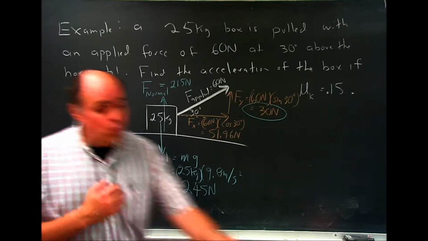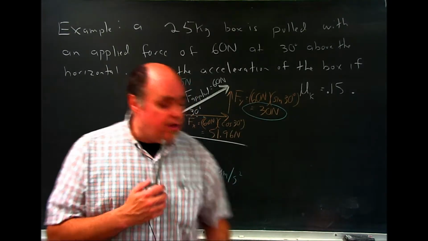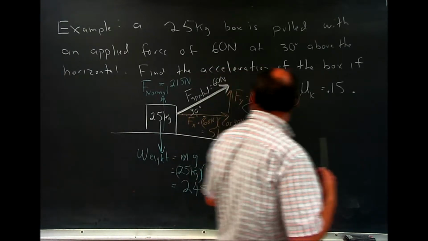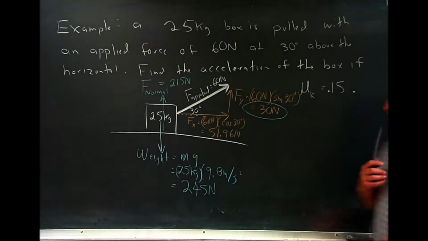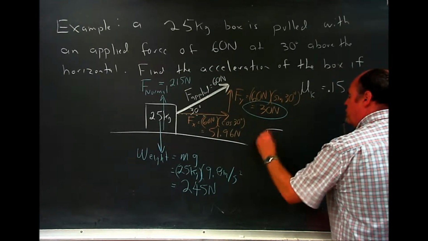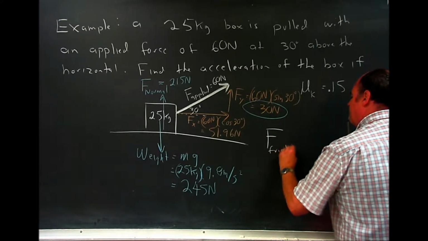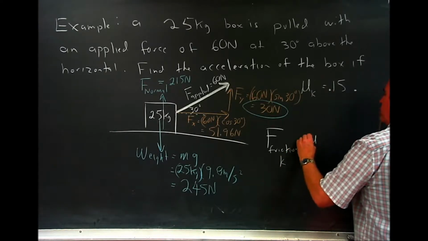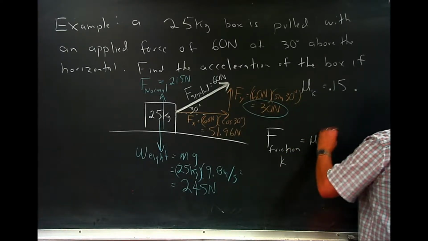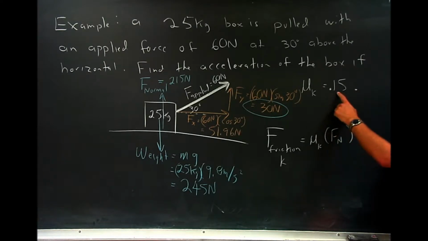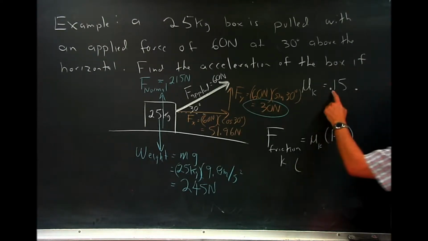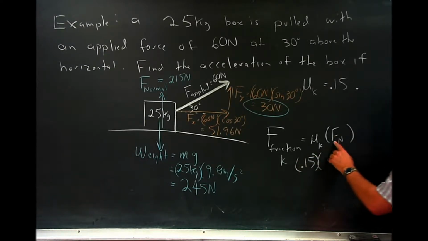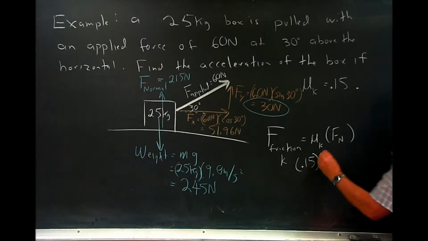And once you have the normal force, then you can go and find the force of friction. The force of friction is just going to be a formula, and in this case we're talking about kinetic friction, which is equal to mu sub k times the normal force. We were told the coefficient of kinetic friction, so it's 0.15, and we're going to multiply it by the normal force, 215.